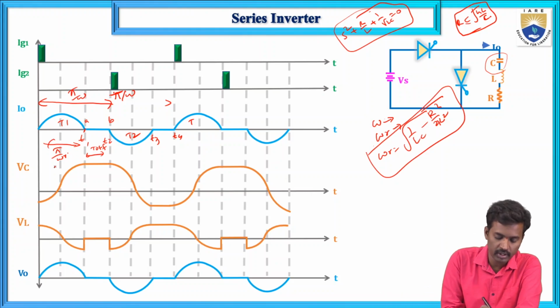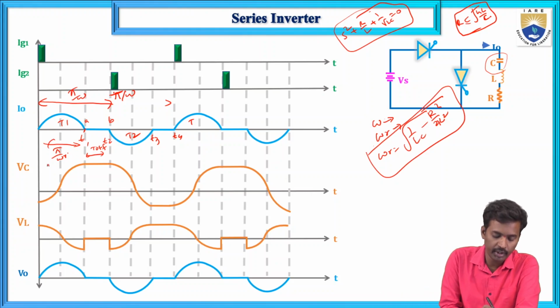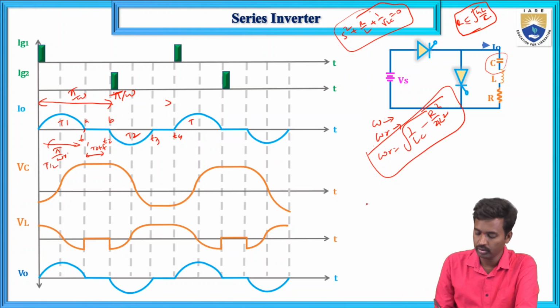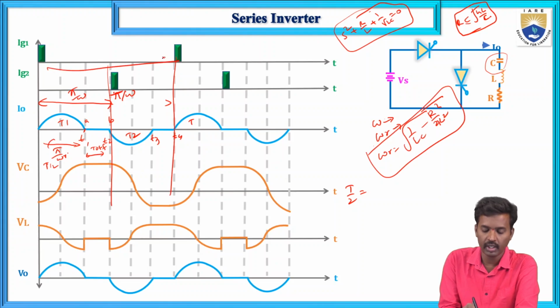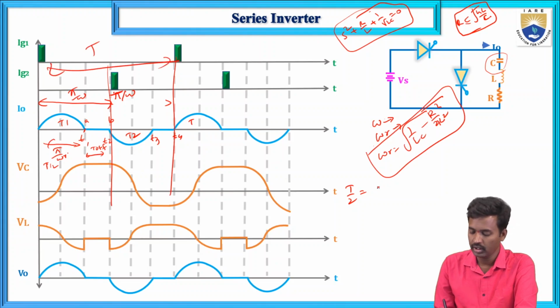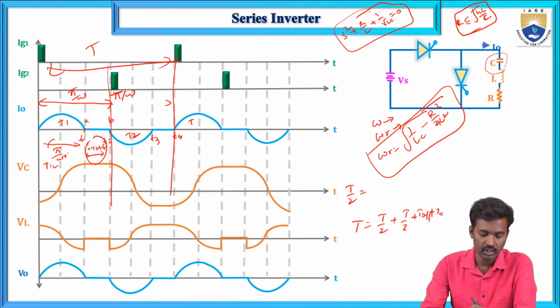For the off cycle, this is the total time period T. Total time period T equals T by 2 plus T by 2 plus T off plus T off.